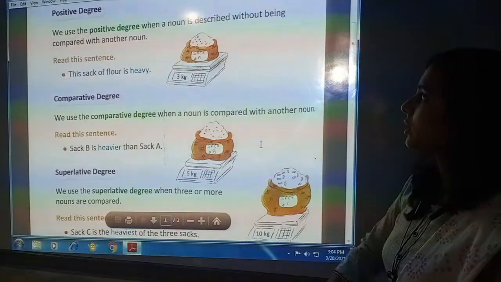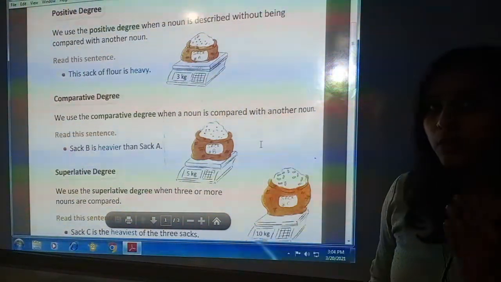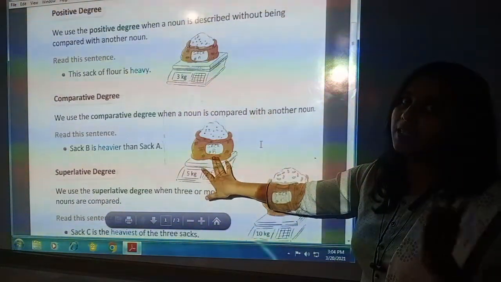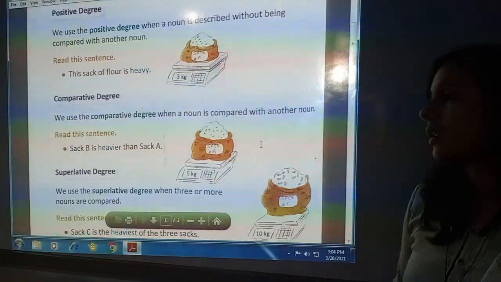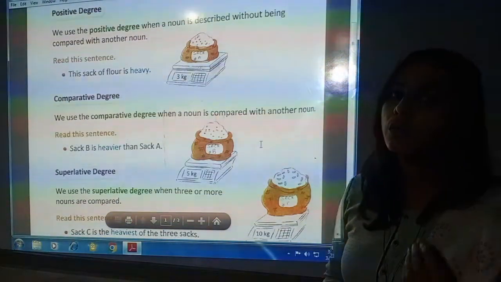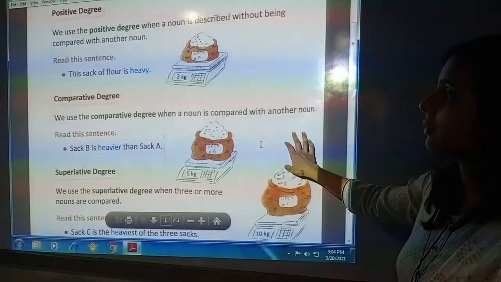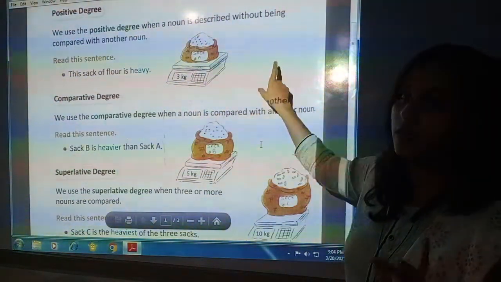Clear? So here these two nouns have been compared with the common quality of weight, and by the comparison we got to know that sack B is heavier than sack A. So when the comparison is made between two things or two nouns, that time we will use comparative degree. If the comparison is not made, then we will use positive degree.